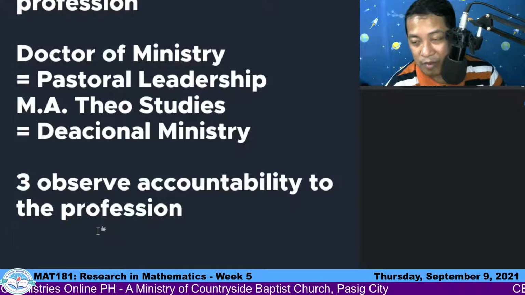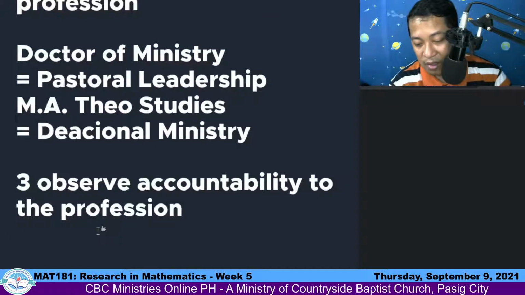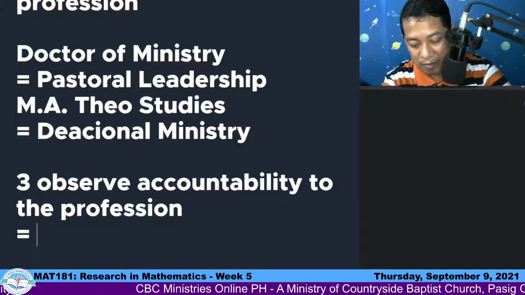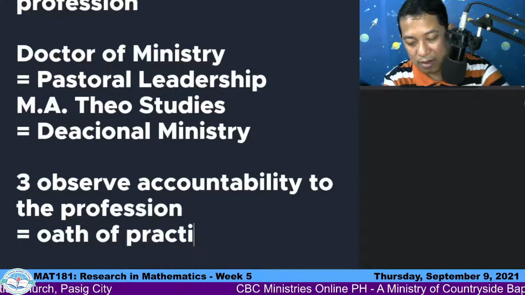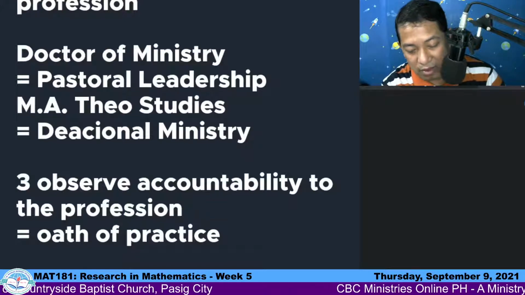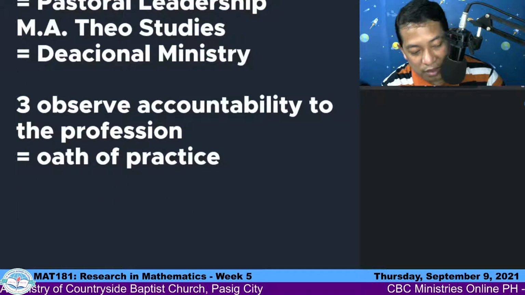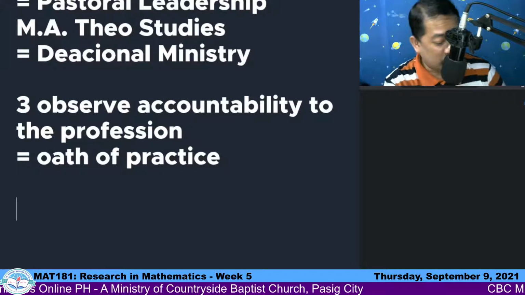And of course, we are guided by our own oath of practice. Yung accountability is also equivalent to the oath of practice that each one of us is expected to keep. And doing research would maximize our accountability to the profession.